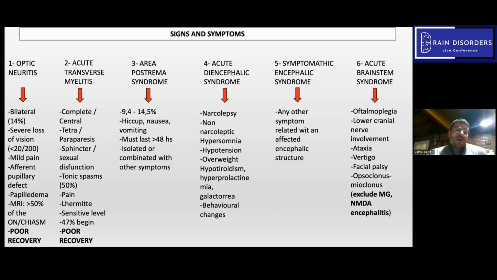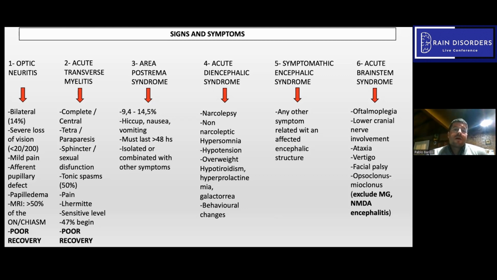Pain, Lhermitte sign, sensitive level, and around, like I said, 47% begin with acute transverse myelitis. It also has a poor recovery.